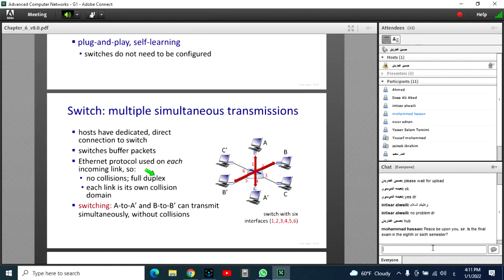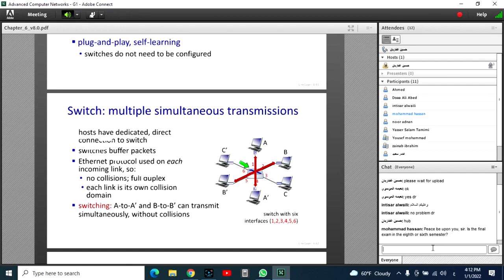This is a capability inside Ethernet switches. But before talking about those self-learning techniques, let me talk about something else. This switch here connects 6 different hosts together.